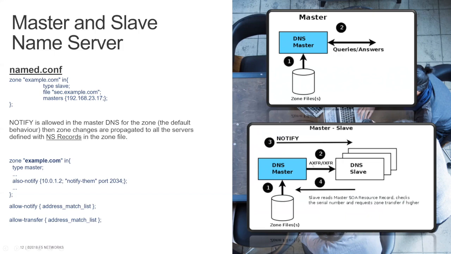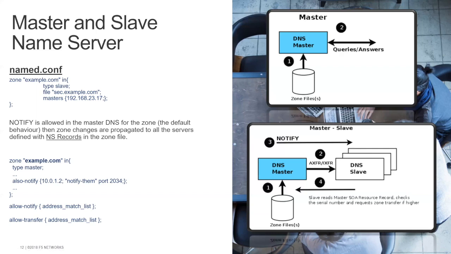AXFR is the whole zone file information being transferred to the DNS server, whereas IXFR is the incremental transfer, where it looks at the serial number of the zone file. If there is any update of the zone, it will not send the whole table to the DNS slave. It will send only the incremental changes that have been made on the master server.